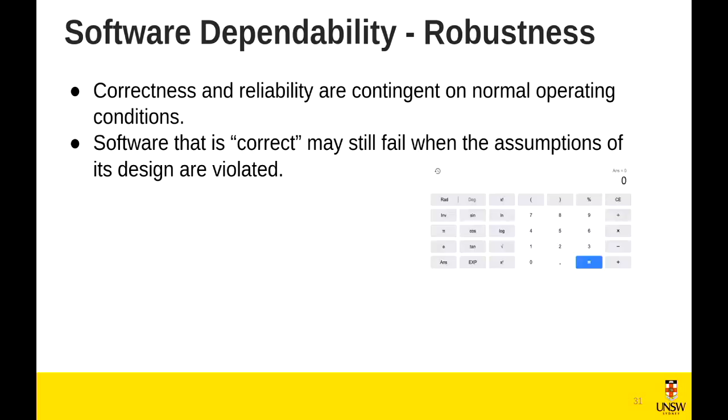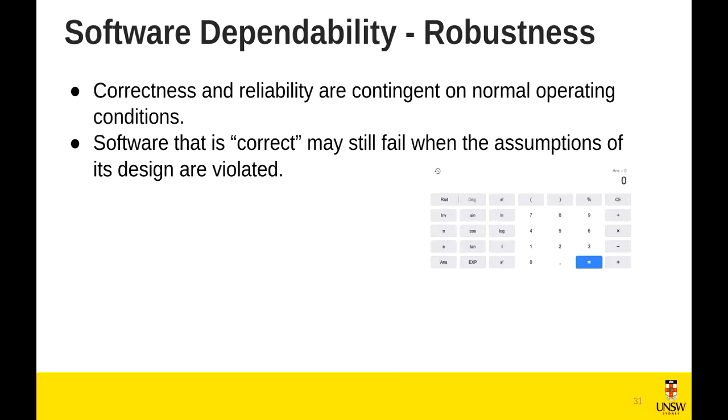So let's take this calculator as an example. If you Google calculator, you can find this on your web page. And as you can see here in this calculator, it expects the user to use the buttons to key in the input.